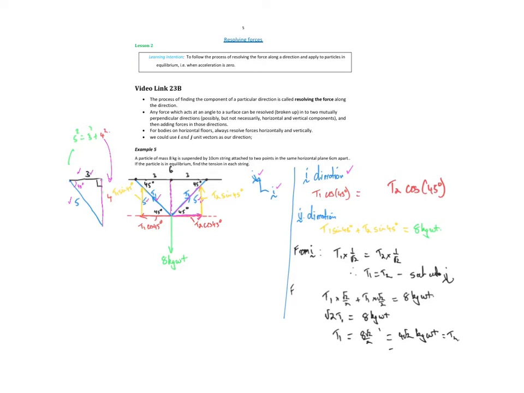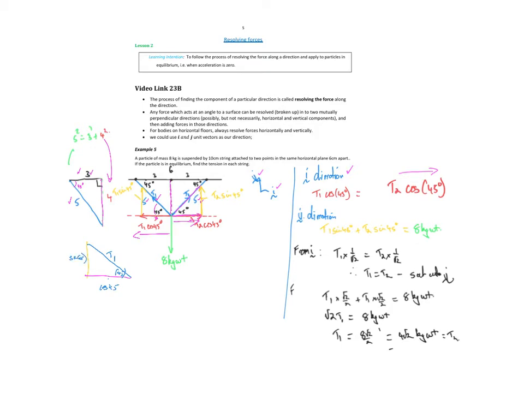So I've got this pink horizontal force, T2 cos 45, acting to the right, and an equal and opposite one acting to the left, because my particle is stationary, T1 cos 45. Cos 45 because it's the adjacent side. If I draw that triangle out here, that's T1, that's 45 degrees, so that's the adjacent side, and that's the opposite side.